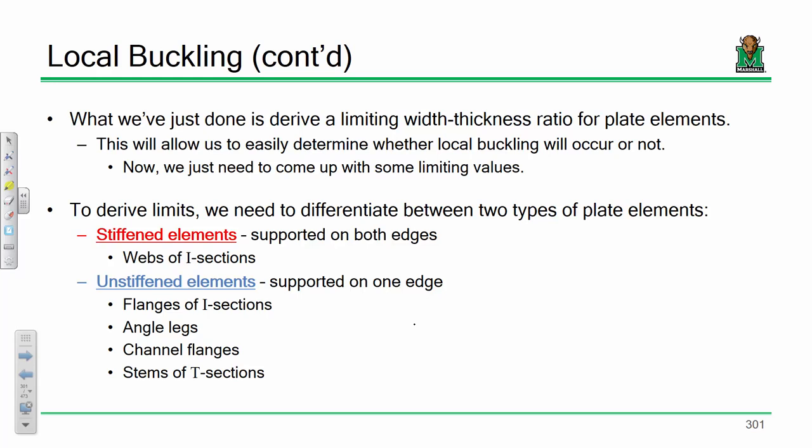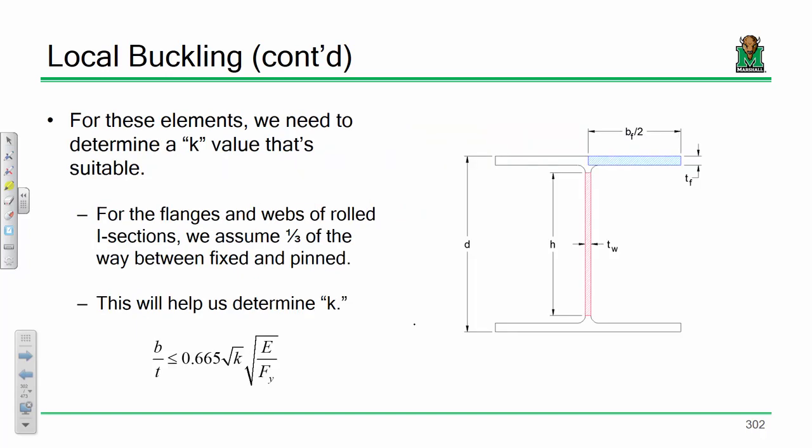Okay, so the difference between an unstiffened element and a stiffened element is that a stiffened element is supported on both sides, whereas an unstiffened element is only supported on one side.